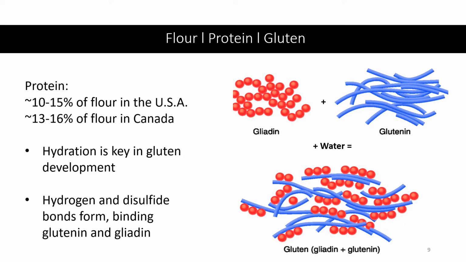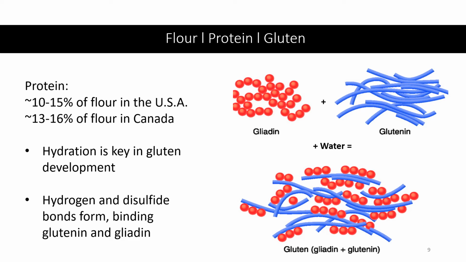So along with starch, gluten is incredibly important in the bread making process. In terms of protein percentages, in the US, protein makes up about 10 to 15% of most wheat flours, and in Canada about 13 to 16% of flour is protein. The important thing about the protein in the flour is that it is in two components: gliadin and glutenin.